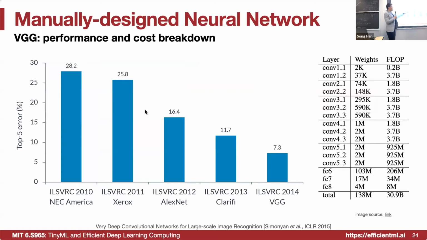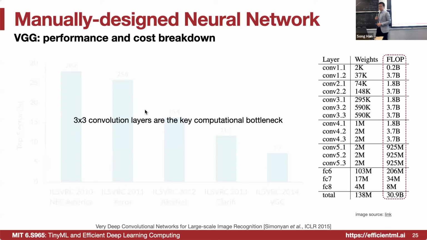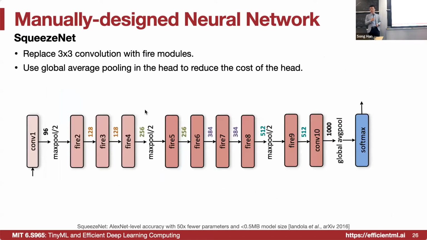So the ImageNet error rate keeps decreasing from AlexNet to VGGNet. So later, people wanted to design small and compact neural nets. So that comes to SqueezeNet.